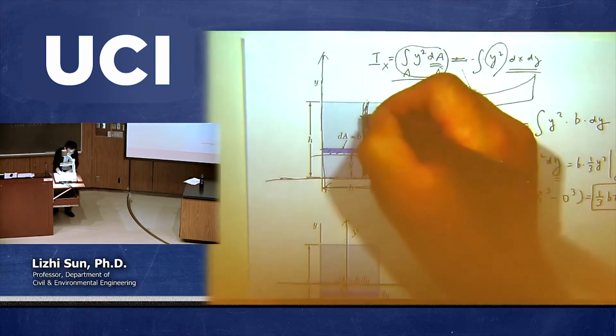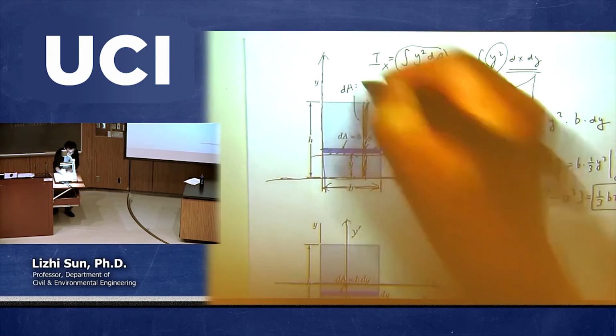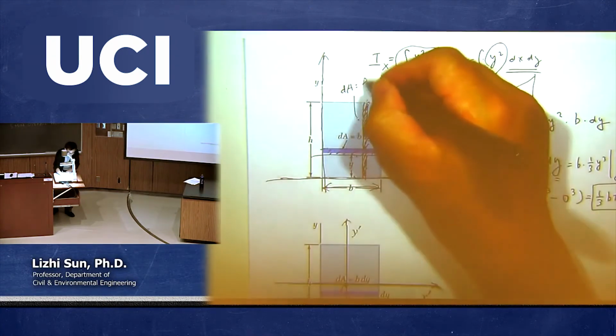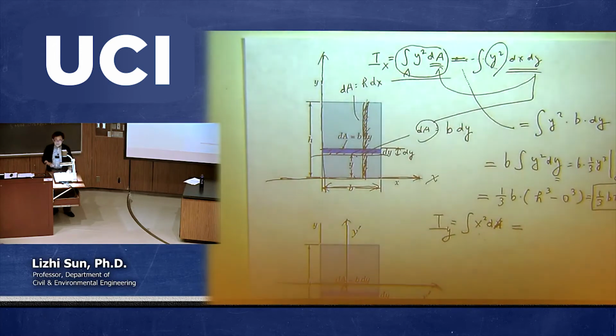Okay, so similarly, we can do this integration by picking a tiny dA in the vertical direction. This dA will be h times dx. So then x squared dA is x squared times h dx. Now we can also do this integration. h is constant, the integral of x squared dx is h over 3 x cubed, between the lower and upper bounds.